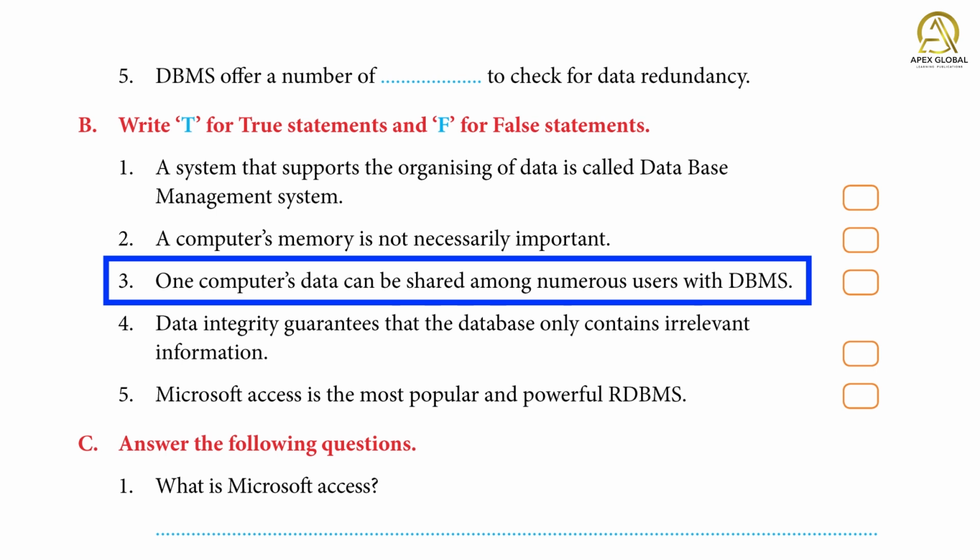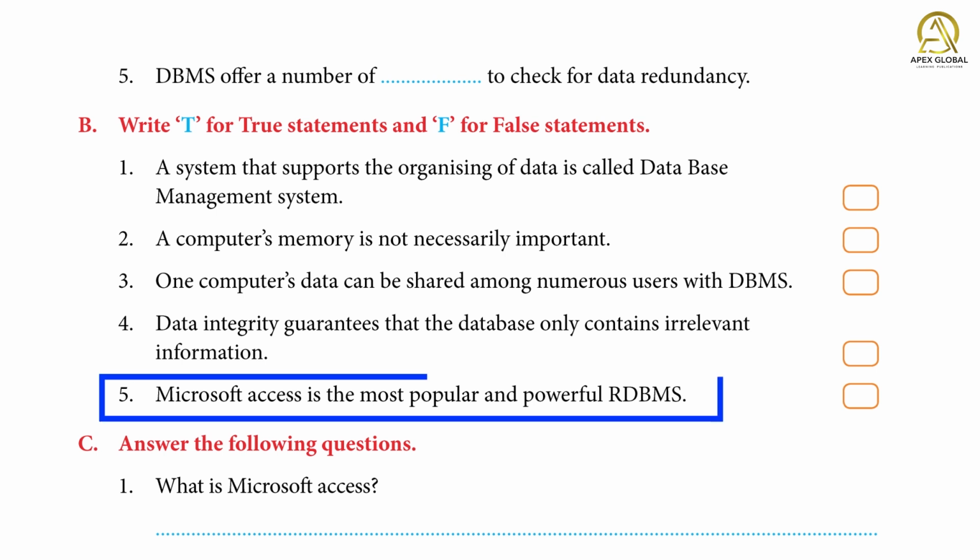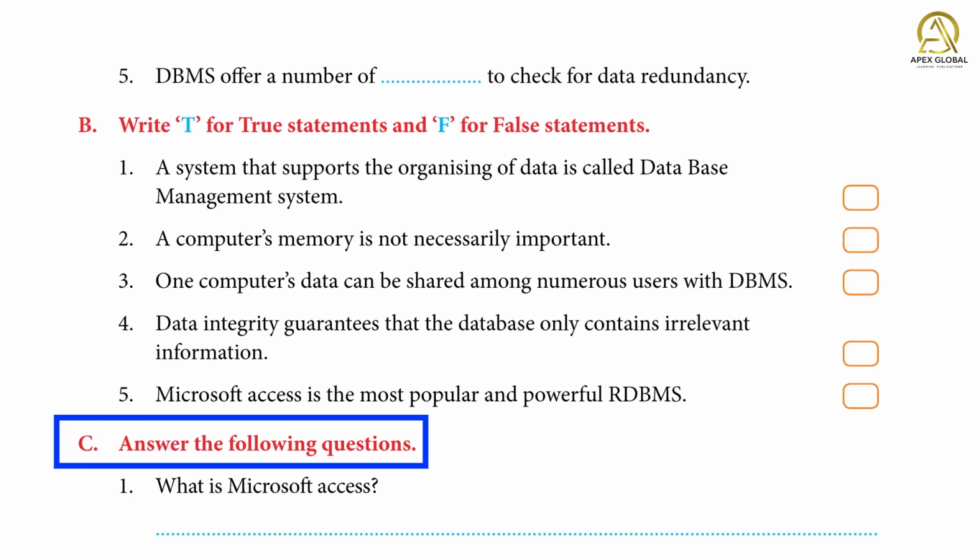Answer: true. 4. Data integrity guarantees that the database only contains irrelevant information. Answer: false. 5. Microsoft Access is most popular and powerful RDBMS. Answer: true. C. Answer the following questions.